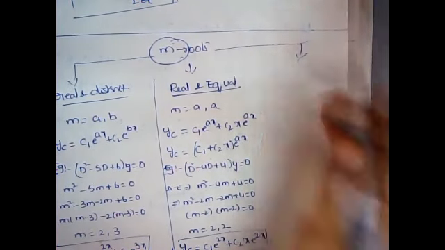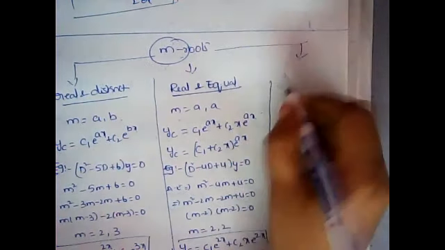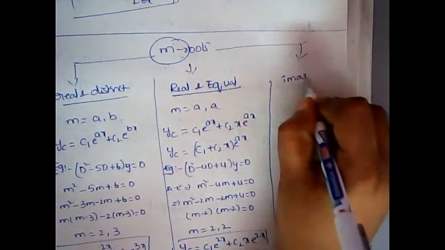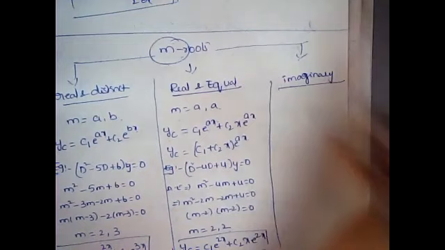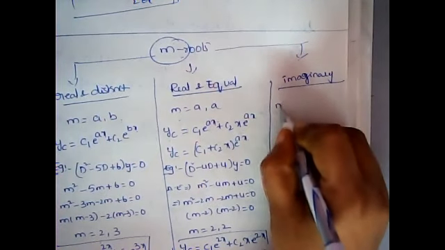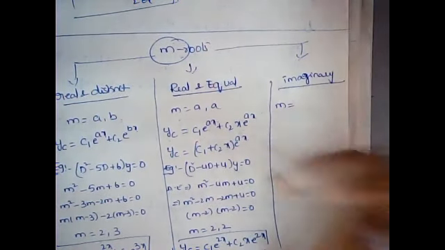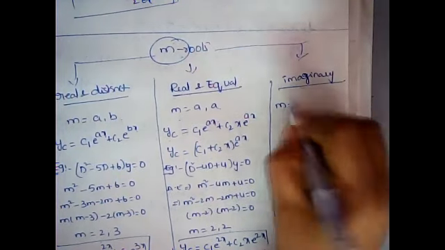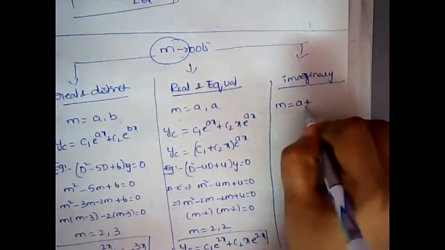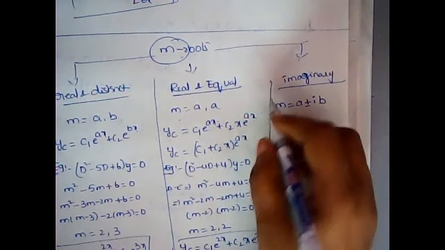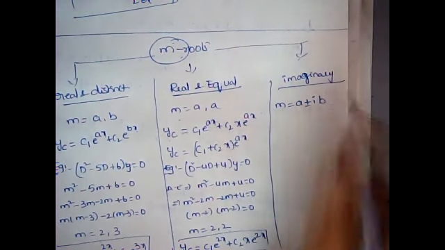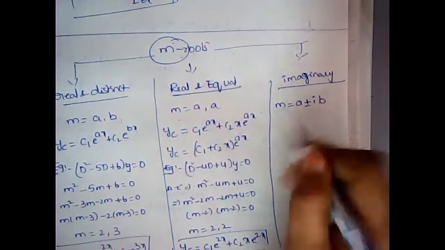Suppose the m roots are imaginary, meaning we got the roots in the complex way, which will be a ± ib, so m = a ± ib. How are we going to write the yc?